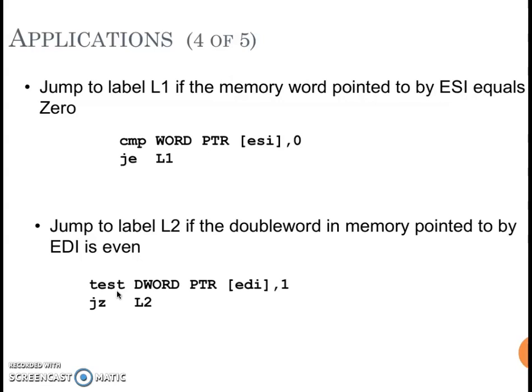TEST is the same as AND operation but doesn't update the value. If the value is even, the last bit is 0, so after my TEST the zero flag will be set. So again we do JZ: because the zero flag is set, I jump to L2. Do you remember how to check for an even number?